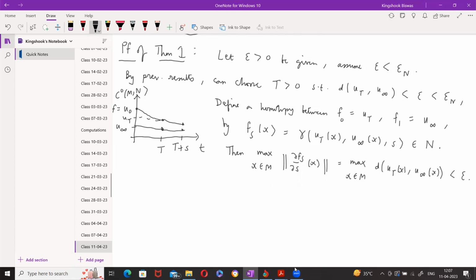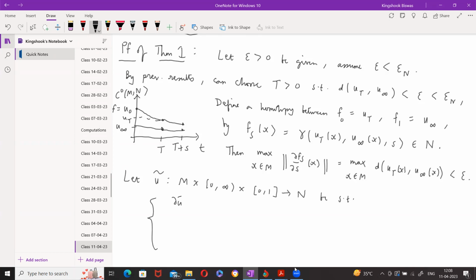Okay. So now let u tilde from M cross [0, infinity) cross [0,1] to N be the solution to the harmonic maps heat flow, which solves the following.